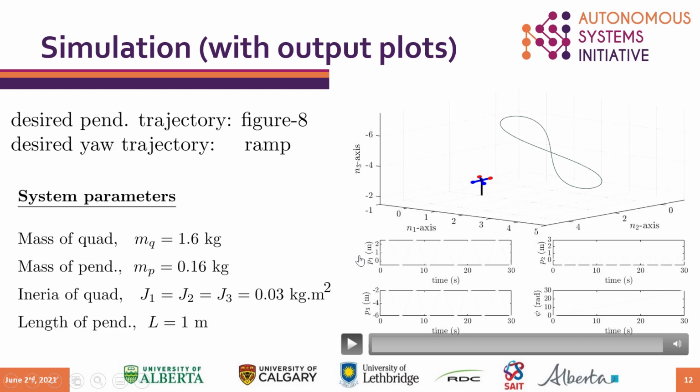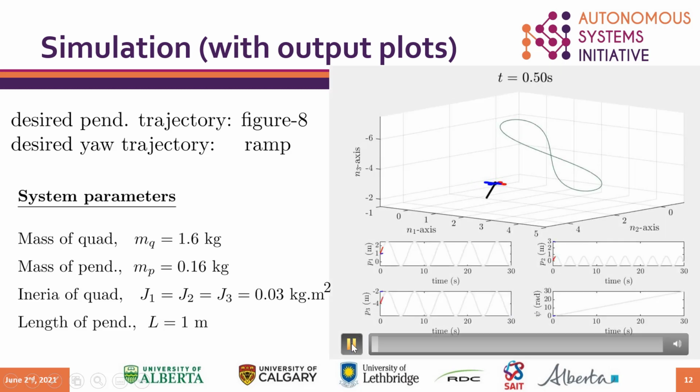And here we're going to see some plots. The red curve indicates the reference signal, and the blue curve indicates the actual trajectory. This plot here is for the pendulum's X position, pendulum's Y position here, and pendulum's Z position here, and finally we have the quadrotor's yaw angle. So let's now start the animation.